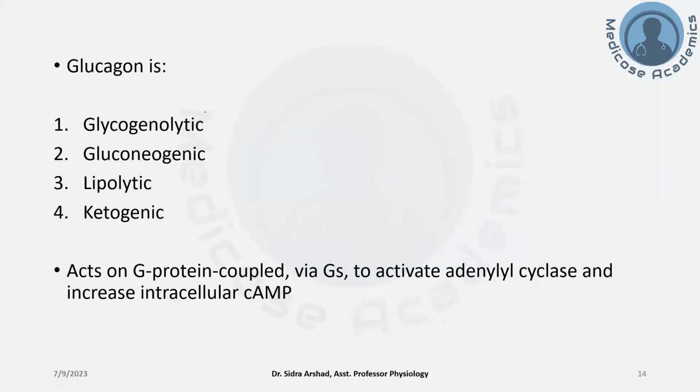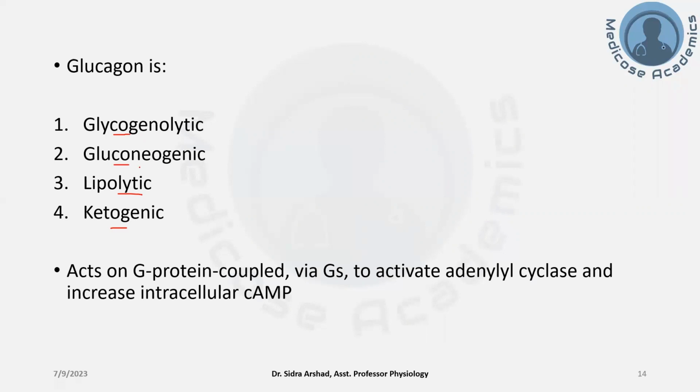So glucagon is glycogenolytic, gluconeogenic, lipolytic, and ketogenic. It is acting quite opposite to insulin because it is released in opposite conditions. That is, it is released when the blood glucose levels are low. So to increase those levels, it causes glycogenolysis, formation of new glucose, that is gluconeogenesis.